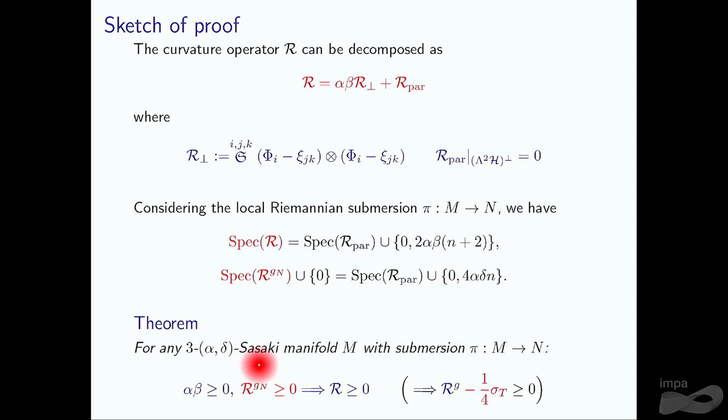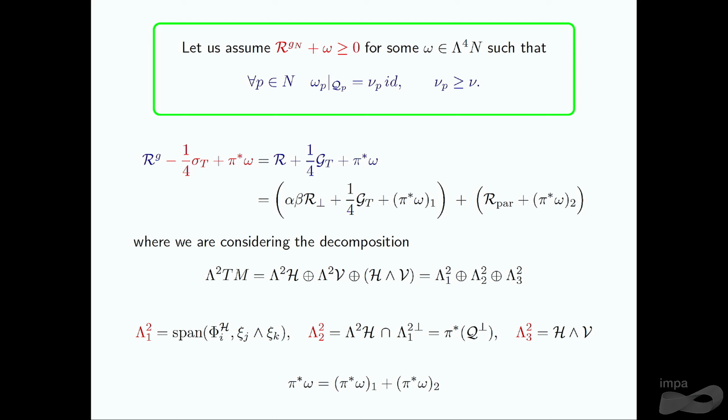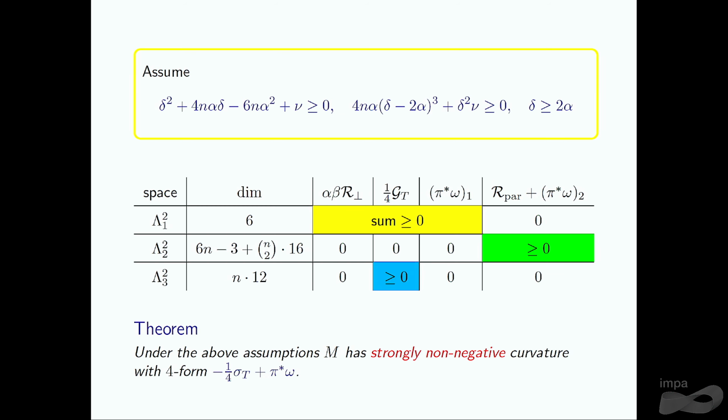You get some intermediate result then for alpha beta non-negative, and then you identify all terms, and in particular you have to decompose the space of 2-forms into certain summands: 2-forms with purely horizontal terms, 2-forms with purely vertical terms, and h times v, and then you get certain summands, and then you deal with all curvature summands on all these pieces, and put it all together in the right way to get the result.